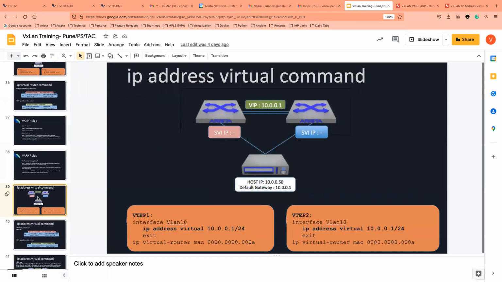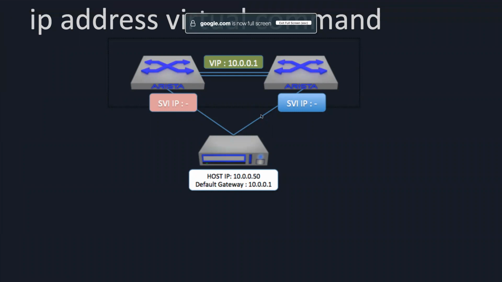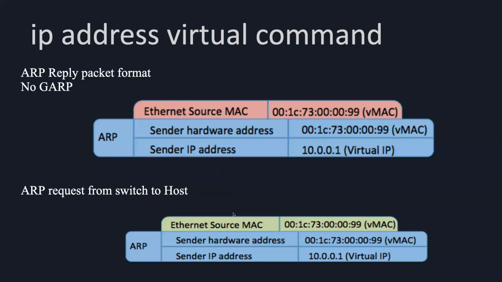Okay, so next comes IP address virtual, right? Now, what is the advantage of this compared to the previous one? Subnets are saved.